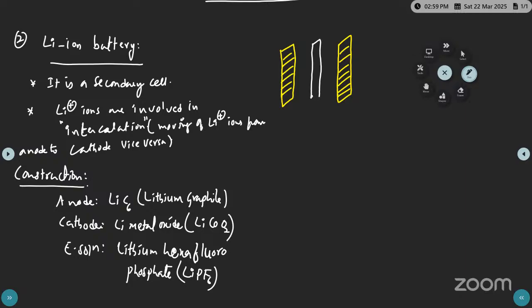Through the separator, lithium ions migrate from left to right, right to left, left to right, right to left. So in this way the lithium ions keep migrating.